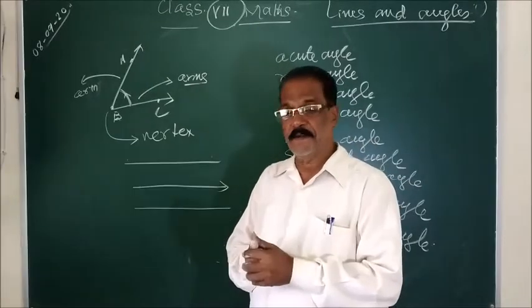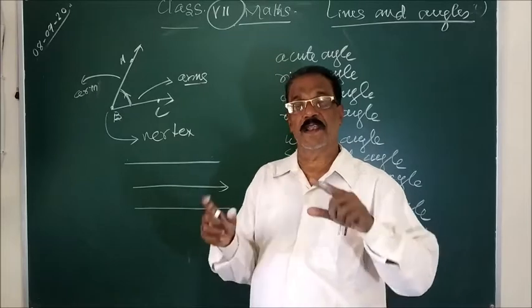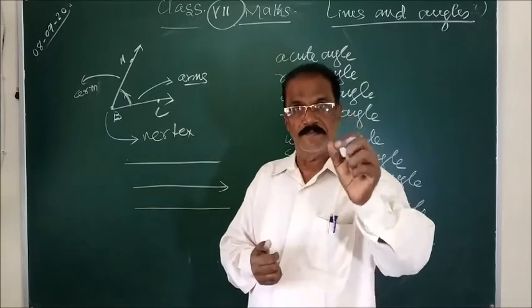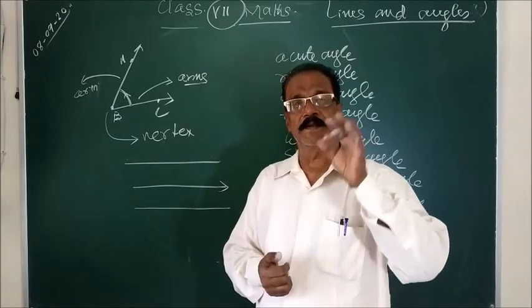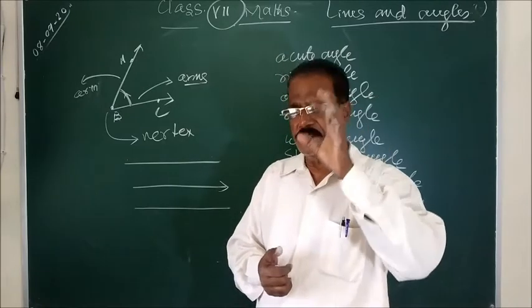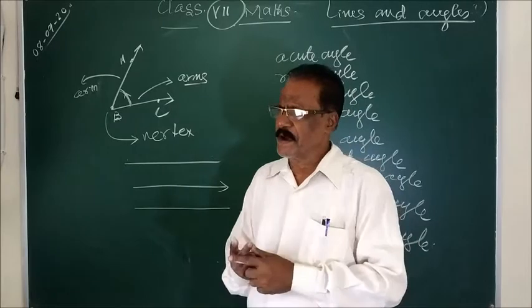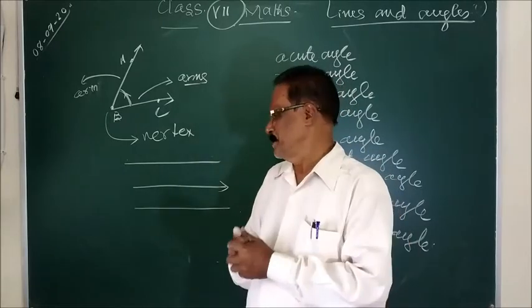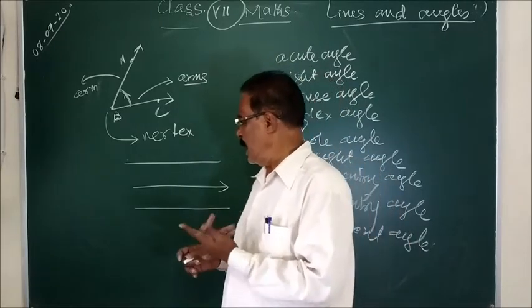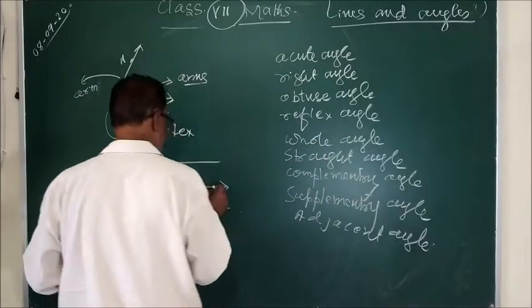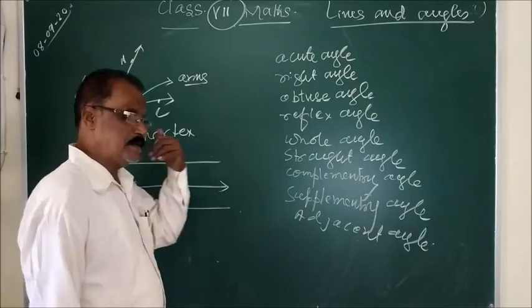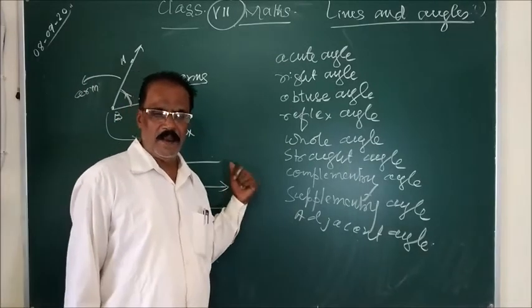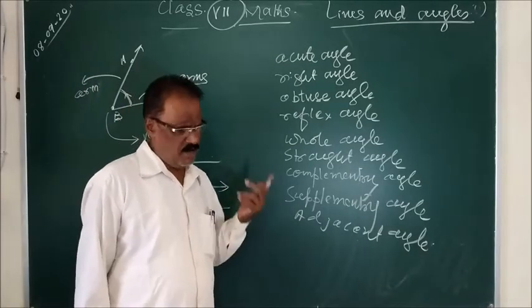Suppose I say this is a line segment of 6, this means the end points are fixed. There is a definite length. So that is the characteristic of a line segment. A ray, you know, has one point fixed and the other point extended. So ray, line and line segment.